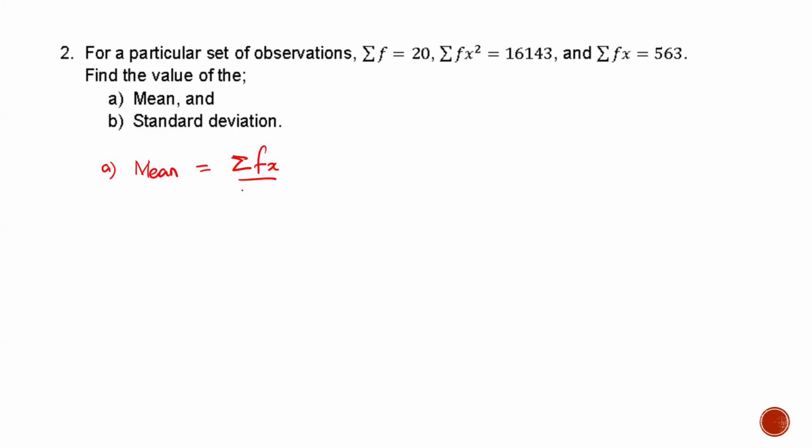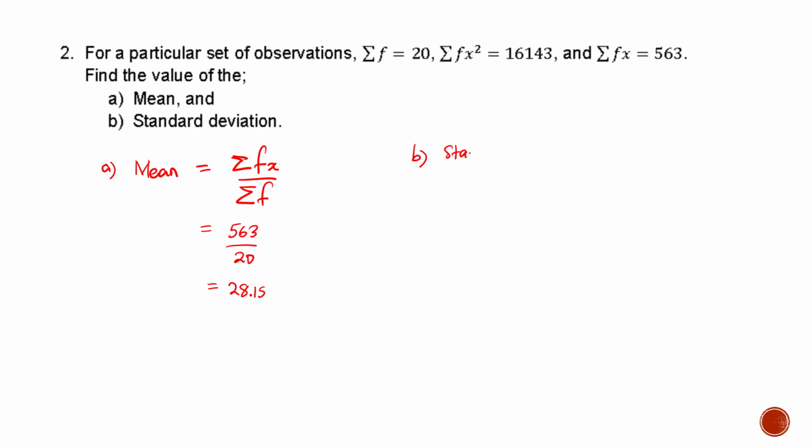That mean is summation of fx over summation of f. And the reason this is so, because this is in fact the sum of all the items. And this is the summation of the frequencies, the number of items. So this checks out. And this is simply 563 out of 20. And your answer there is 28.15. There's nothing special there.